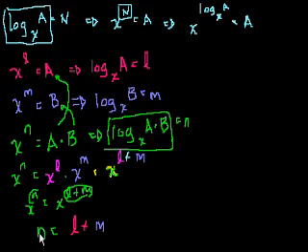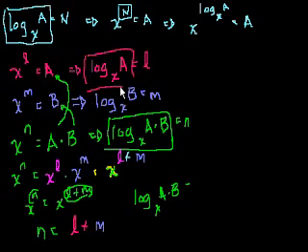So now if we just substitute n for that, we get log base x of a times b. And what does that equal? Well, that equals L plus m. And another way to write L is right up here, log base x of a, plus m.